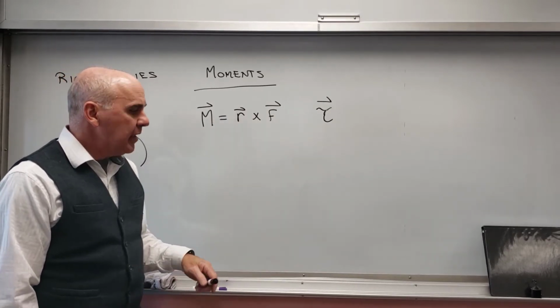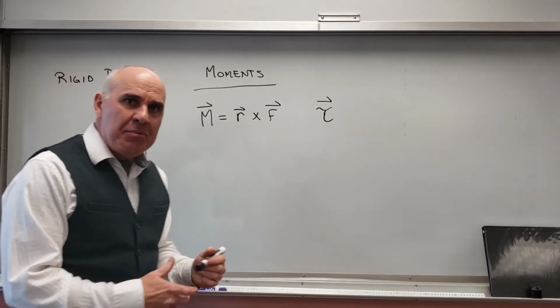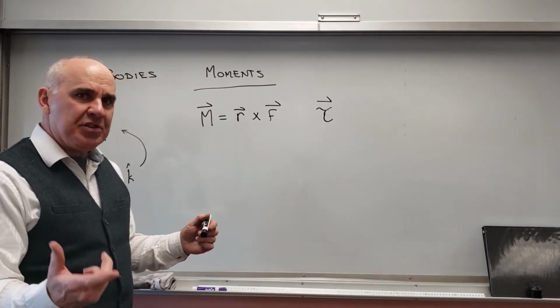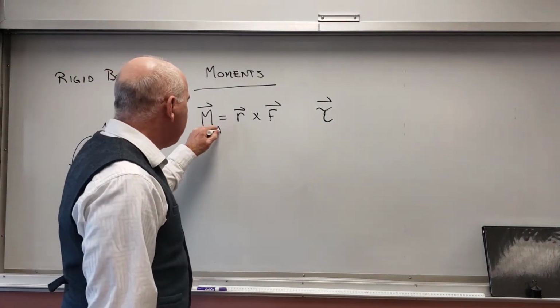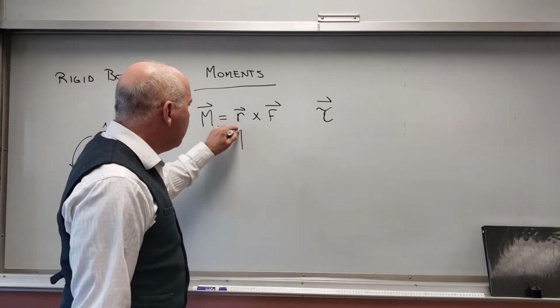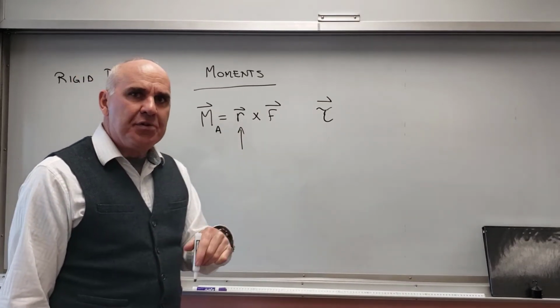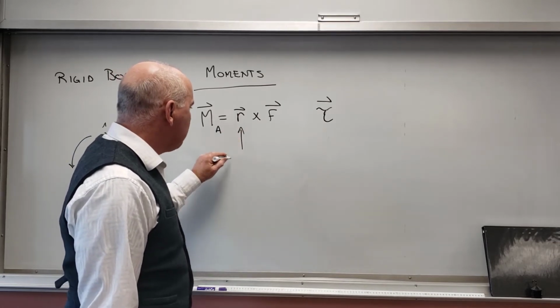It's the same thing. And so when we talk about a moment, we usually talk about a moment about some point. Oftentimes it's the origin, but let me just say some point A. And then R is going to be the radius vector or the position vector from A to where the force is applied.